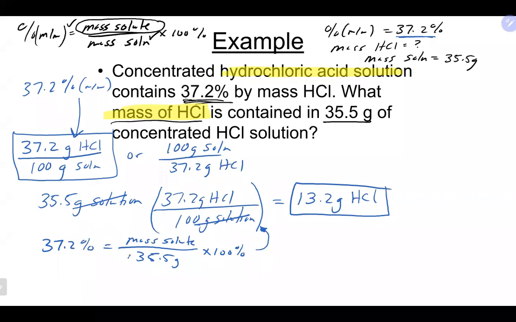You would multiply the 35.5 to this side and divide by 100, and you end up with the same math. So however you want to do it, it's basically the same. You can plug it in, or if you want to take a more dimensional analysis approach, seeing the units might be helpful as well. Any questions on that particular one?